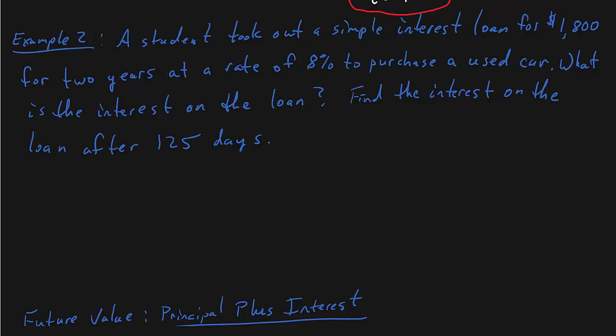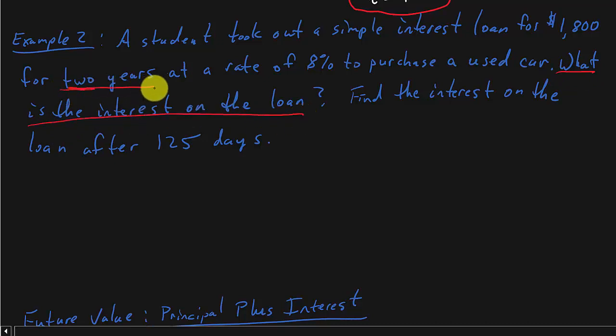So this is 2 problems. The first thing we want to know is the interest on the loan for the 2 years. Then they come back and say, now find the interest on the loan after 125 days.